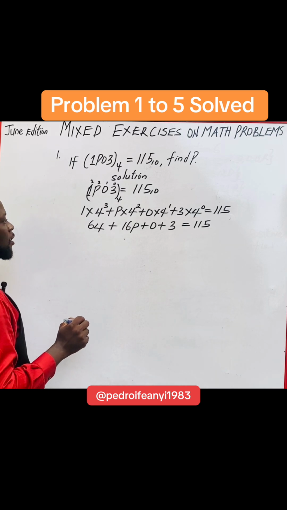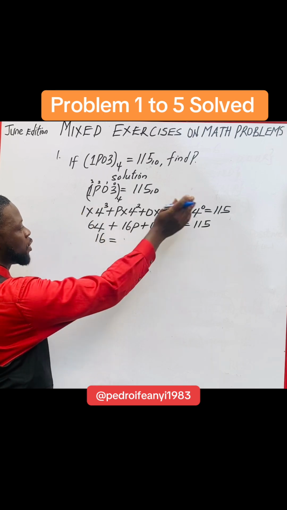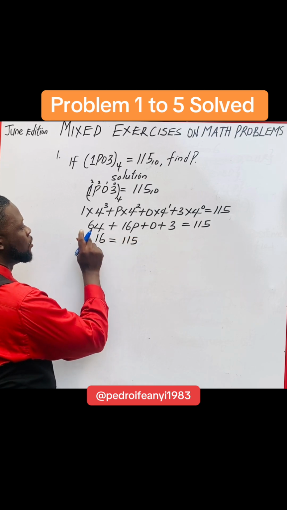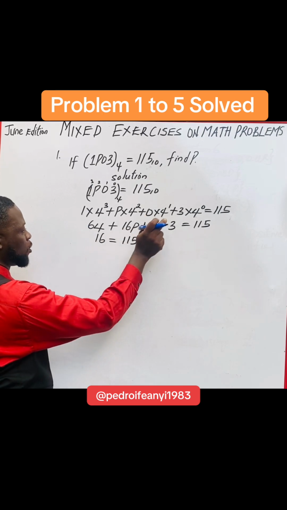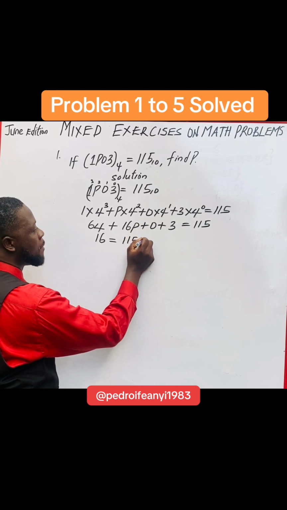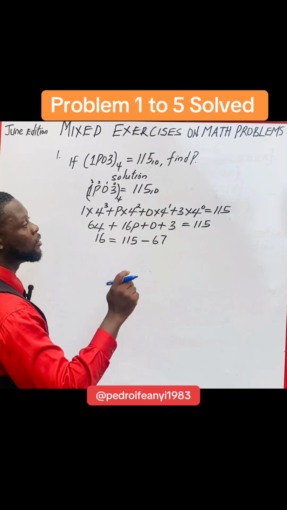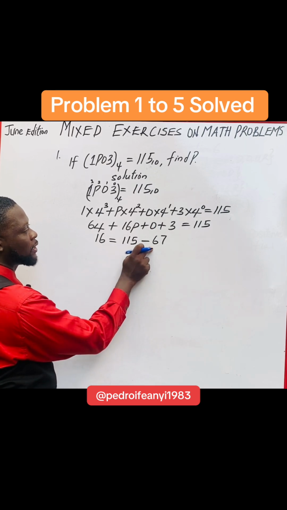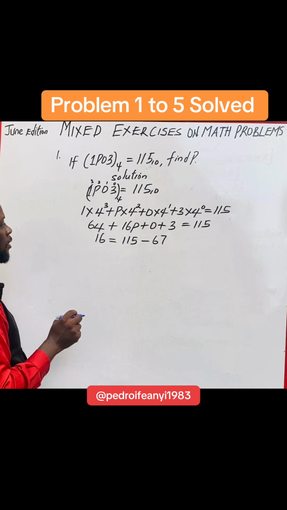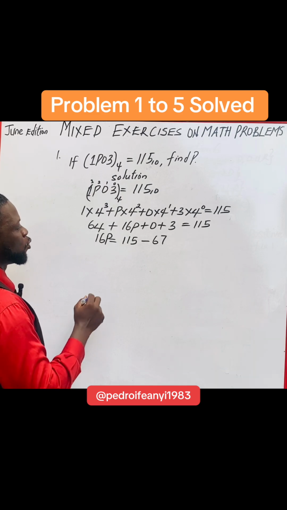All right. So what we do now, we have 16P equal to, and every other number goes to the other side. So we have 115, and 64 plus 3 gives us 67, so we say minus 67. 64 plus 3 is 67. When you cross to the equal sign it gives you minus 67. So 16P equals 115 minus 67.